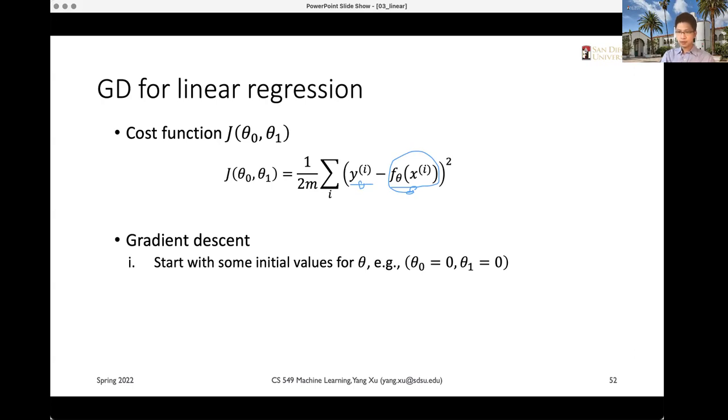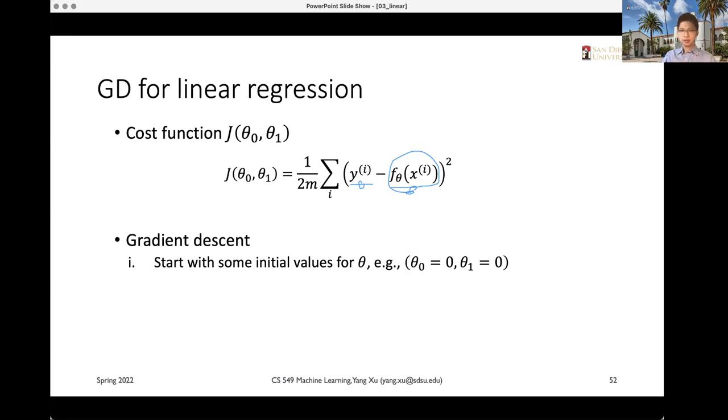Yeah, so I see a question that asks for an example to map the partial derivative form in the real world. The form that I'm showing right now is a real world example because the cost function has a concrete form, which is the summation of squares.